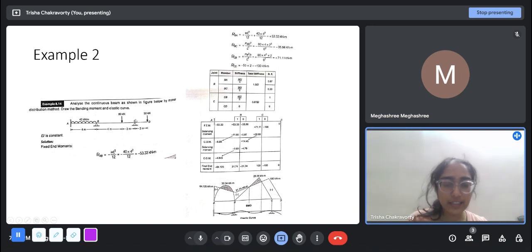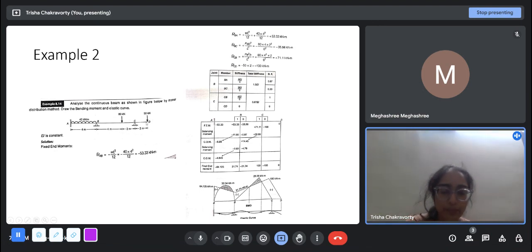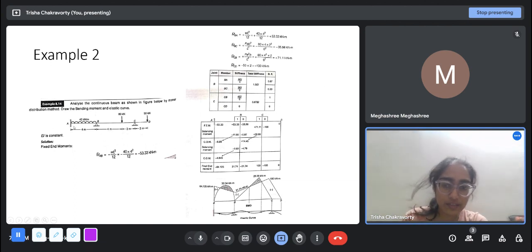At C, the distribution factor of CB will be 3EI by 6, because this is a hinge support. But anyway, it doesn't matter because this end is free. So the distribution factor of CD is 0. The entire moment has to be transferred to point B. At D, there can be no moment transfer.